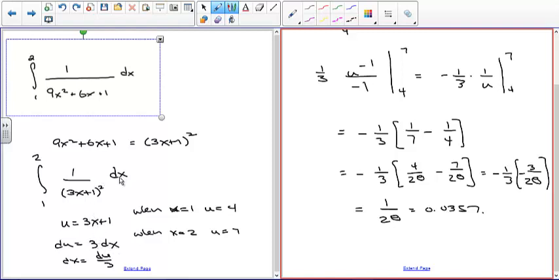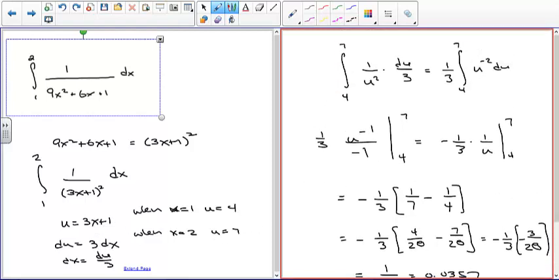The original equation had dx in it, so I solved for dx out of this one. Also, I changed the limits, so when x equals 1, you get 3 times 1 plus 1, which is 4, and when x equals 2, you get 6 plus 1, which is 7. So those were my new limits, 4 to 7, 1 over u squared times du over 3.